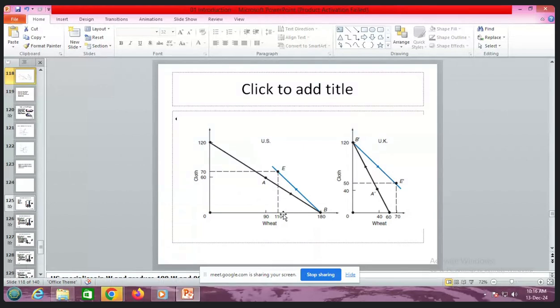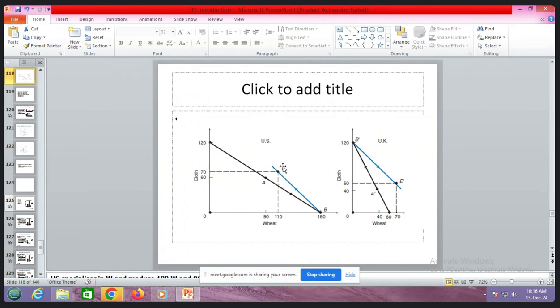Am I audible and is the screen visible? Yes, ma'am. Okay. So the exchange that is taking place is 70 wheat to 70 cloth. So US produces 180 minus 70. Now it can consume 110 wheat and 70 cloth. So what you can see here is point E. Before trade, US was on point A on its production possibility frontier.